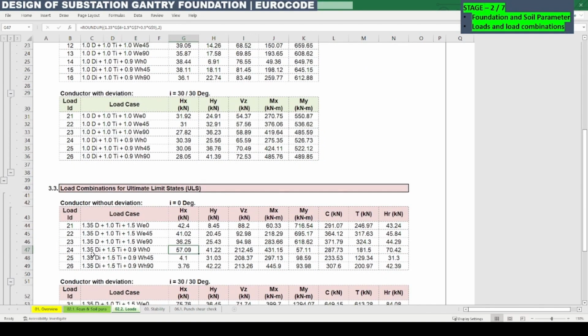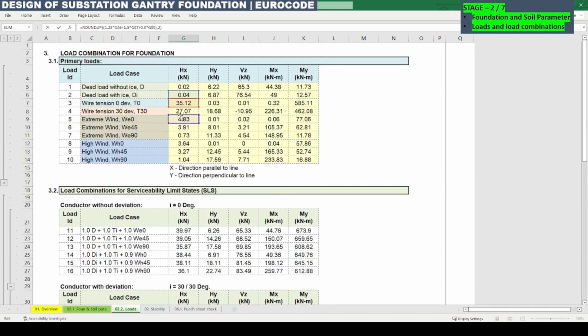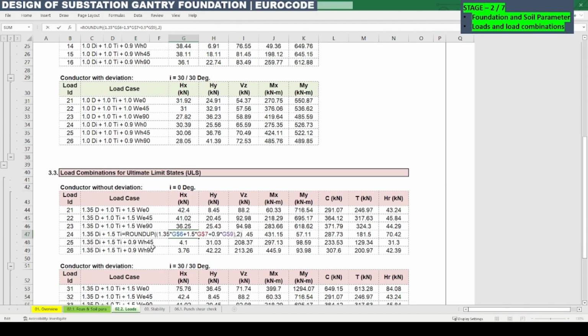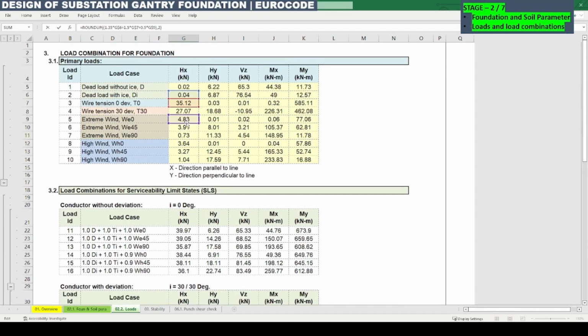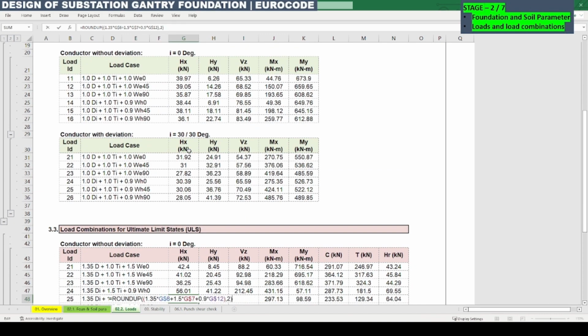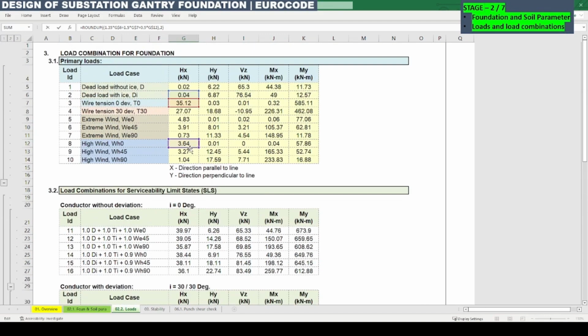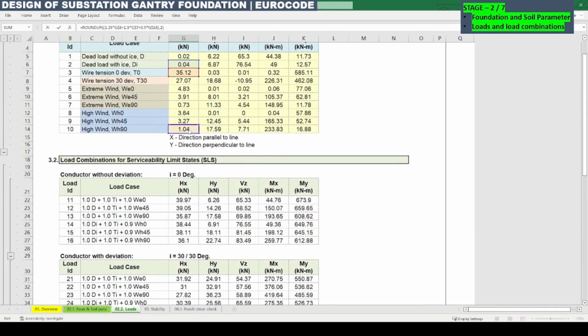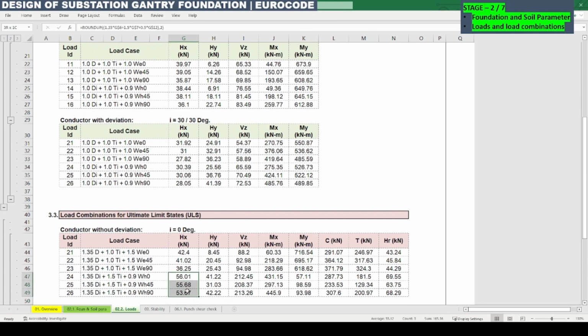So here you can see 1.35 of dead load plus 1.5 of conductor tension plus high wind we need to consider here, high wind in zero direction. Then the high wind in 45 degree direction, and here the transverse wind we need to consider, that is WH90. So now this is also updated with all the three.